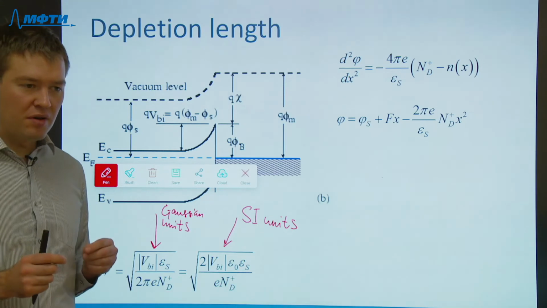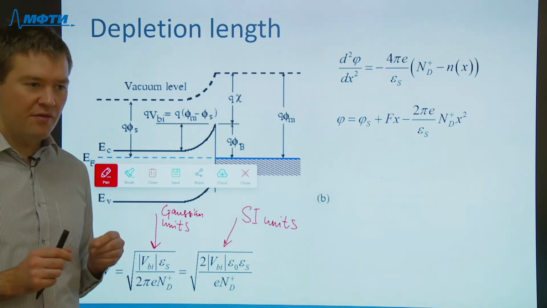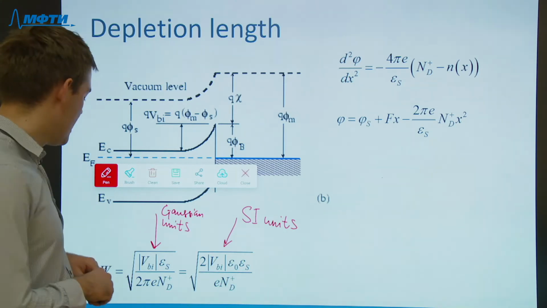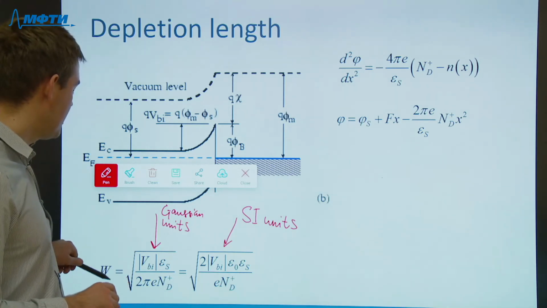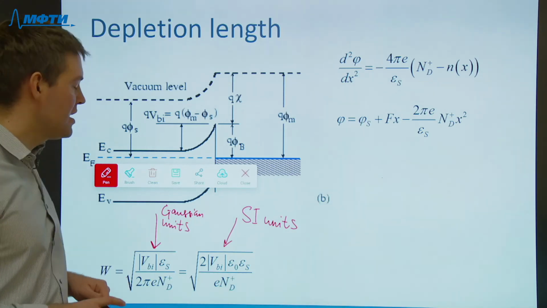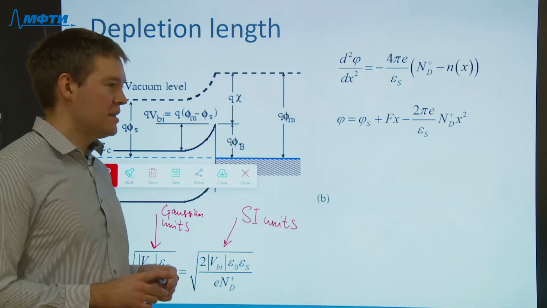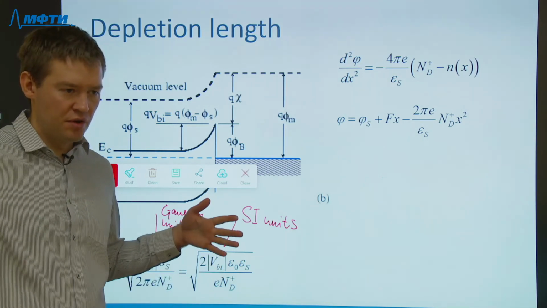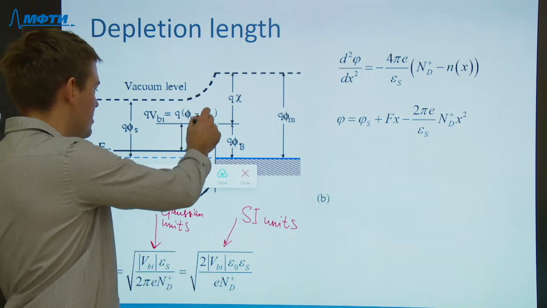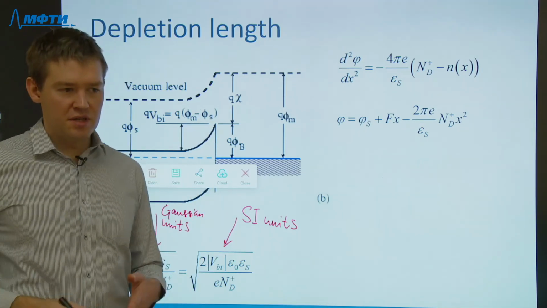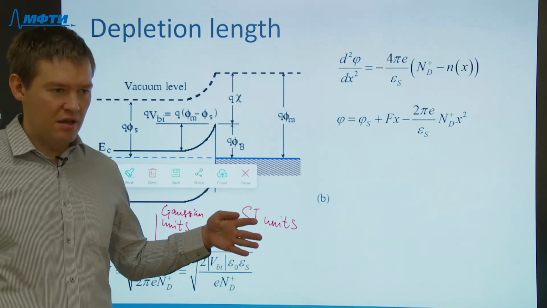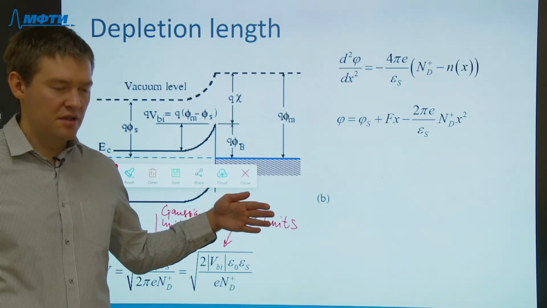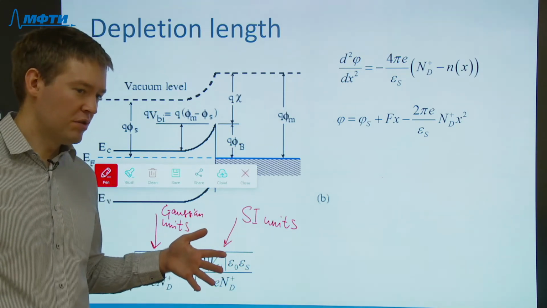The stronger the doping density, the faster the screening, and the shorter the screening length. And if the built-in voltage is large, then you should screen a large voltage from a constant value to 0, and you need a larger and larger distance to screen this larger and larger voltage.